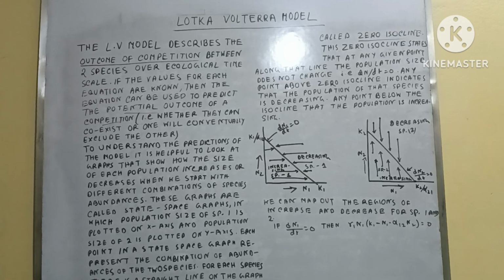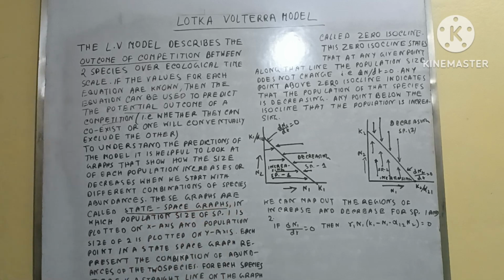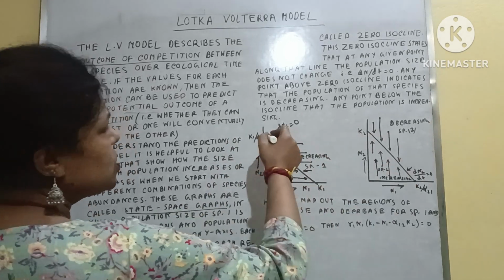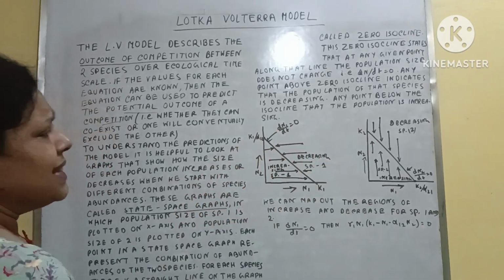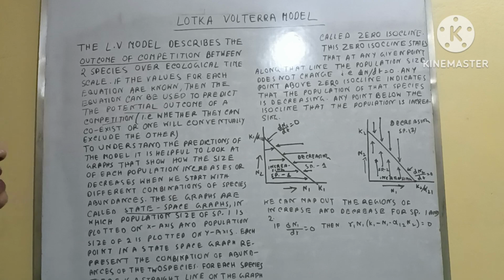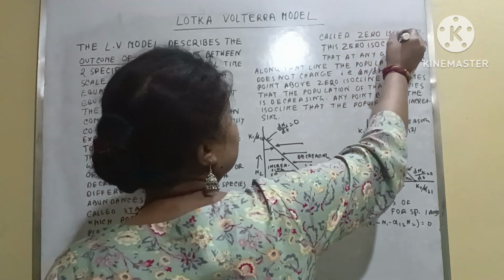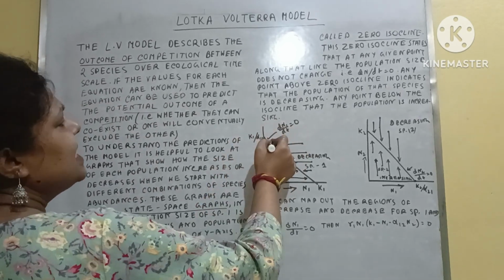This graph is called the state space graph. You can see two straight lines present in both graphs, and this straight line is known as the zero isocline, where dn/dt is 0.